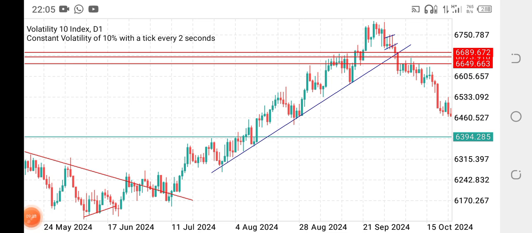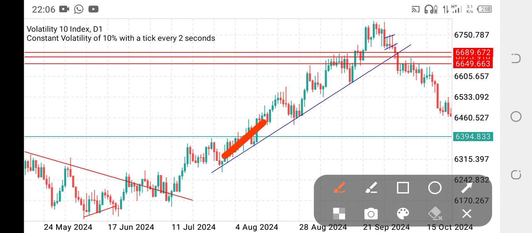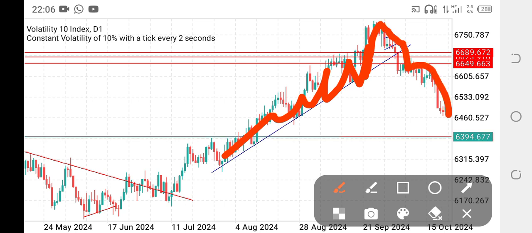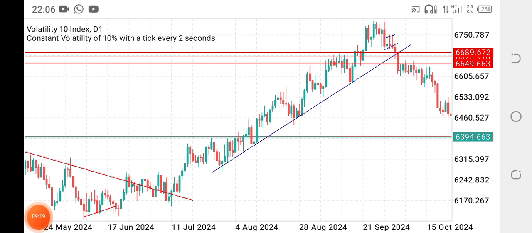I told you about reversal pattern. If you observe, this market here is going up, doing its thing, going up, going up. Here it started to reverse and then it came down. What happened? Let me tell you now.